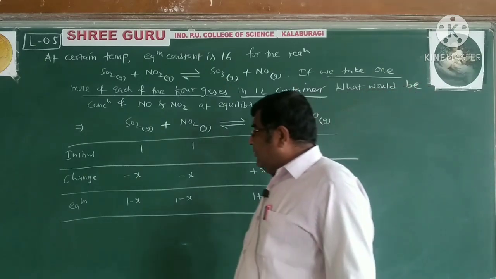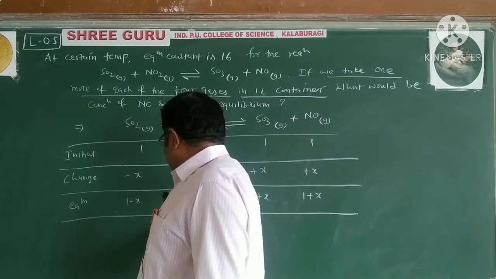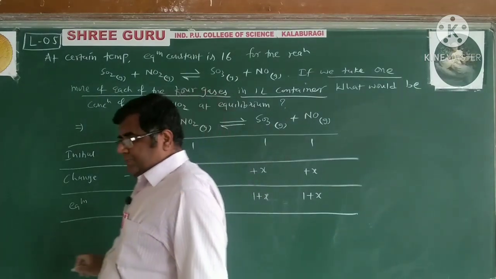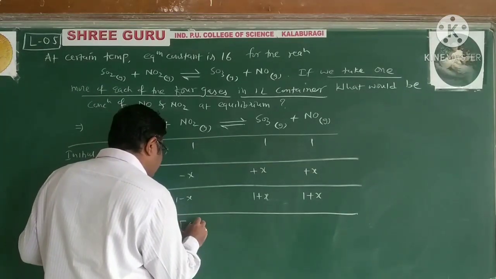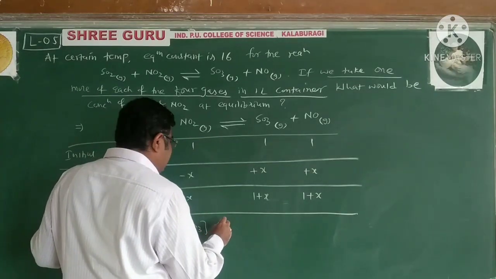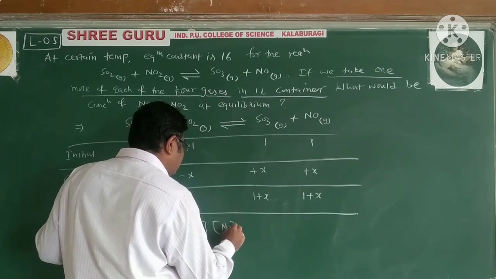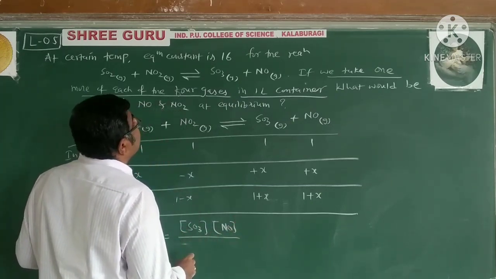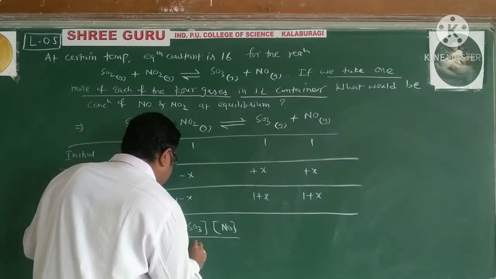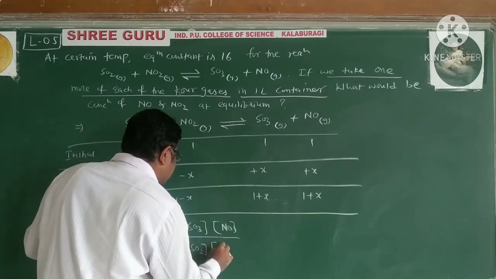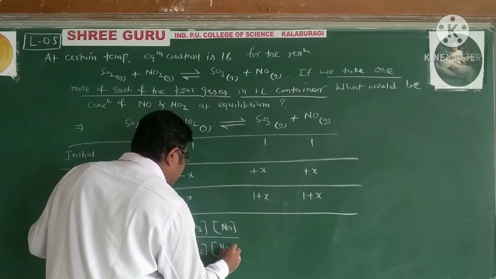Now we can say that Kc is equal to molar concentration of SO3, molar concentration of nitric oxide, divided by molar concentration of sulfur dioxide, molar concentration of nitrogen dioxide.